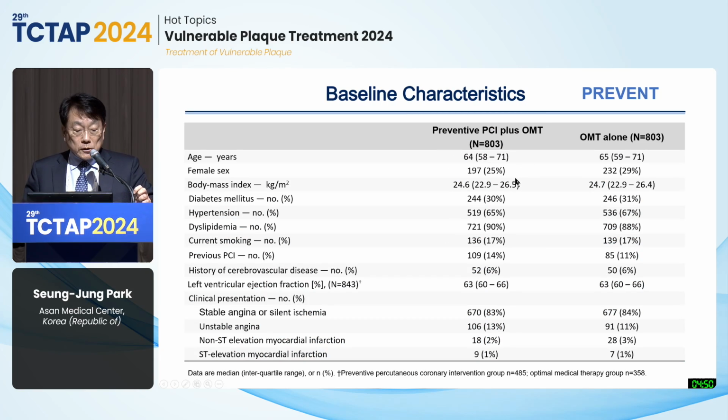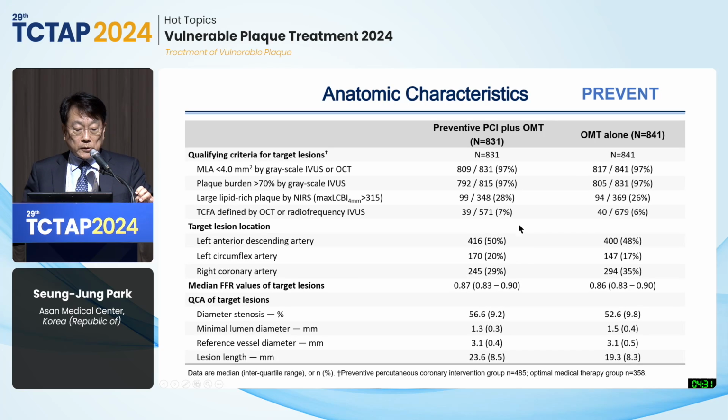Baseline characteristics: mean age 64, diabetics 30%, quite similar between the two groups. Stable angina 83%, unstable 13%, non-ST elevation MI very small, 3%.